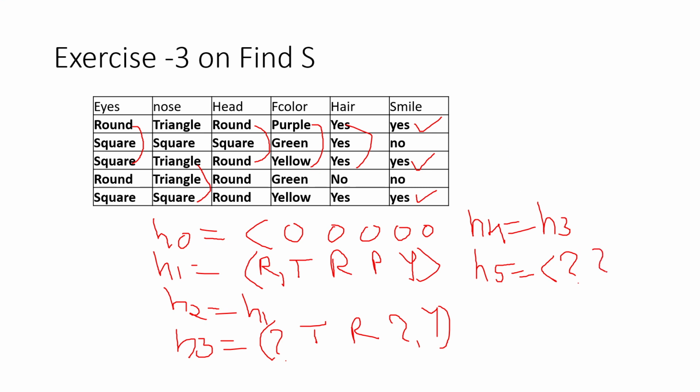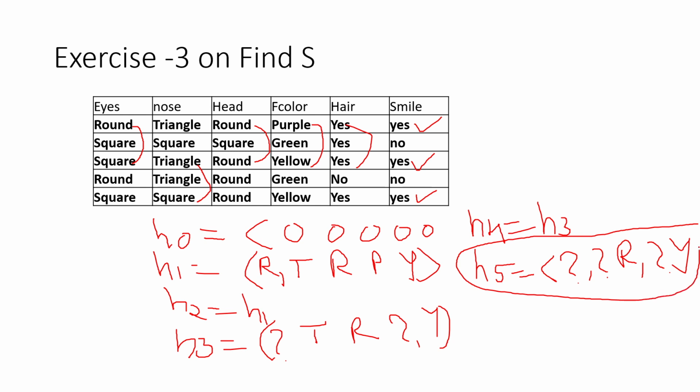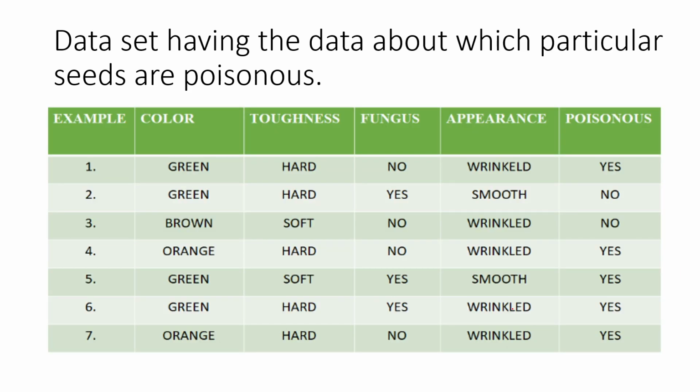So it accepts these two values, question mark. Head should be round, same. The color is already changed, so question mark. Here it is yes. No more examples. So this is the final hypothesis, which is applicable for all the positive examples.